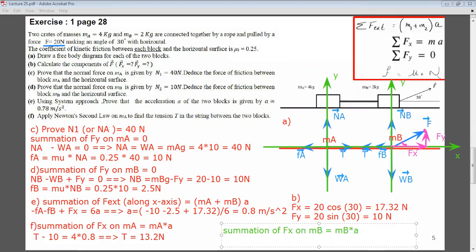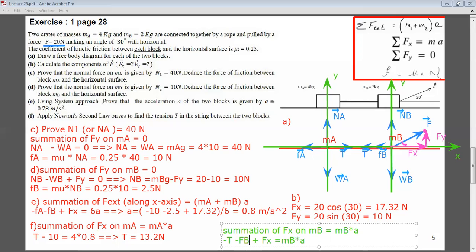There is the tension, in the negative direction, so minus T, minus the friction, plus Fx, is equal to MB times the acceleration.